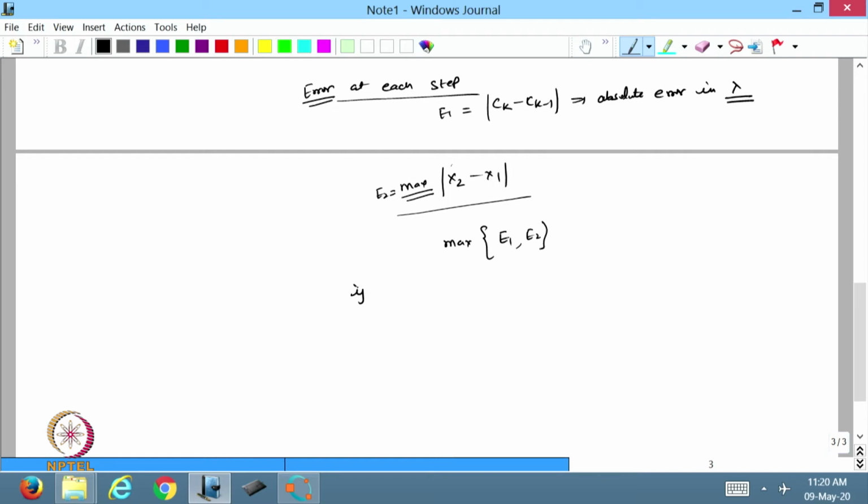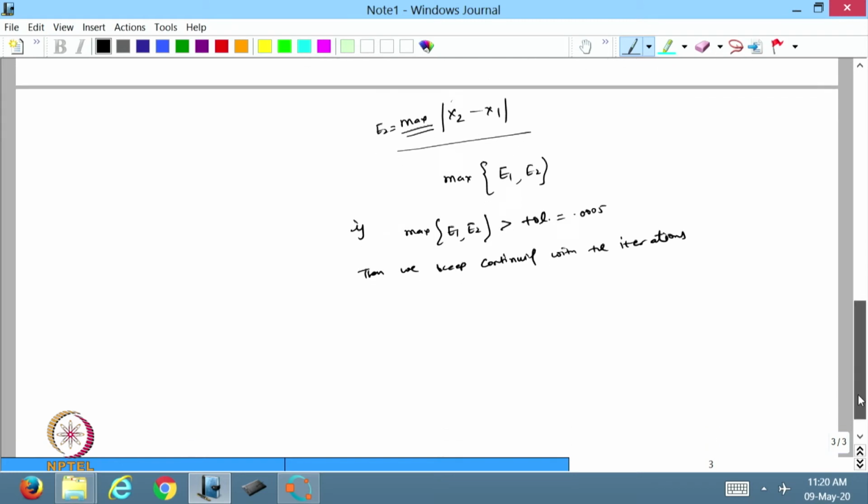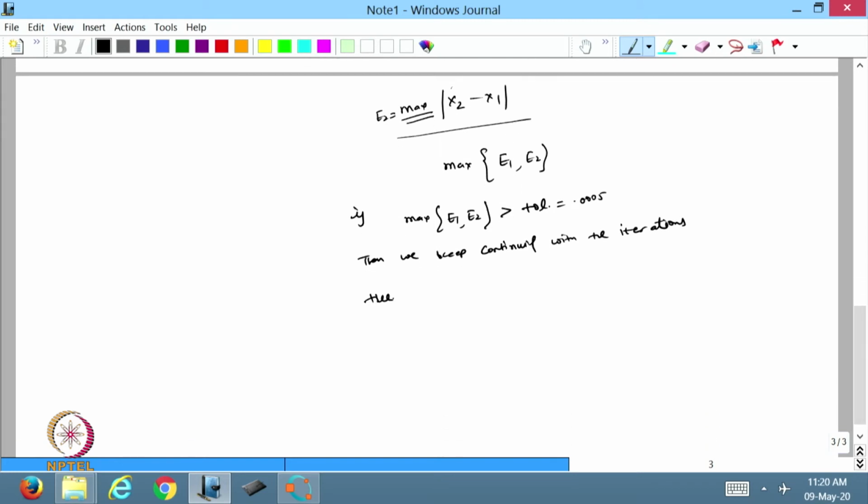Now if the maximum of E1 and E2 is greater than the tolerance, where tolerance maybe I can define as 0.0005, then we keep continuing with the iterations till this maximum error is less than tolerance.